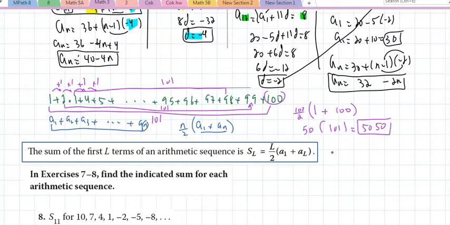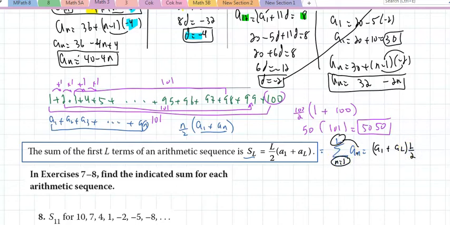So if you're taking S, the sum, n equals 1 to L of a sub n, that will be the very first term plus the very last term, and you multiply them by L divided by 2, assuming you're starting at 1.